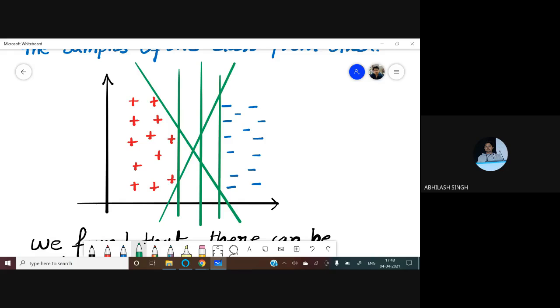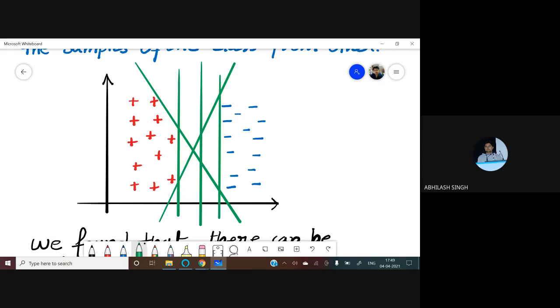I have told you in the previous session of CNN or ANN that there are two types of data. One data that we use to train the model to find different weighting coefficients and bias, and we use those weighting coefficients and bias to predict for newer data that is completely unseen.